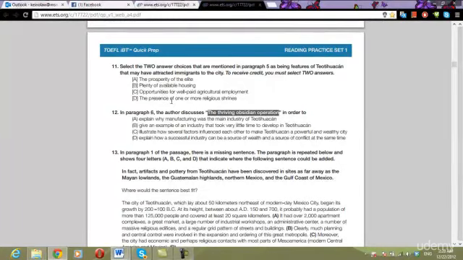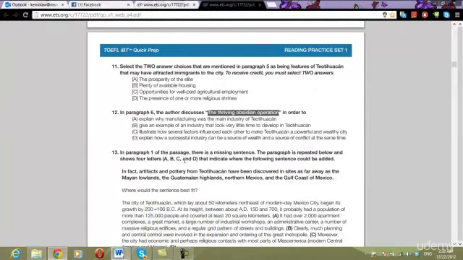The presence of more religious shrines, we do see that as an answer choice. So that's definitely one of our answer choices. And we have choice A, the prosperity of the elite.